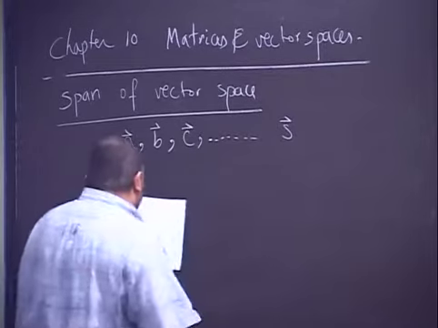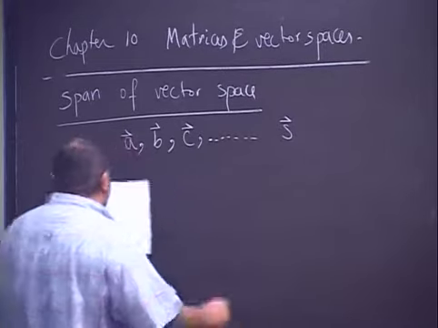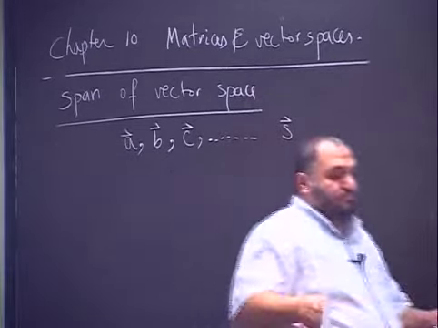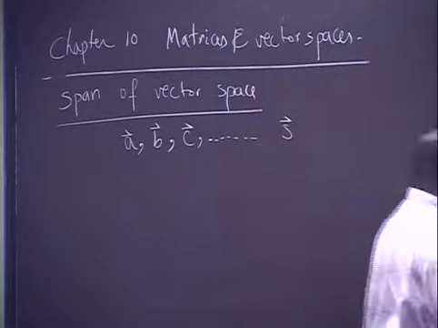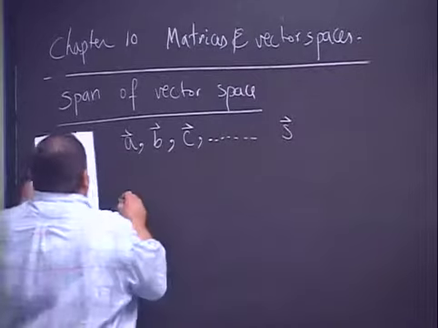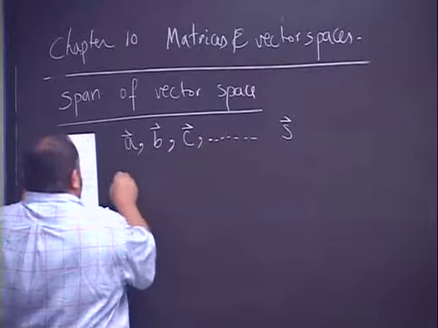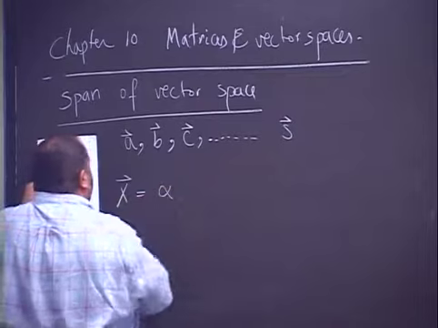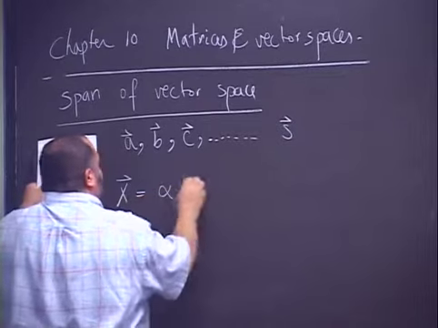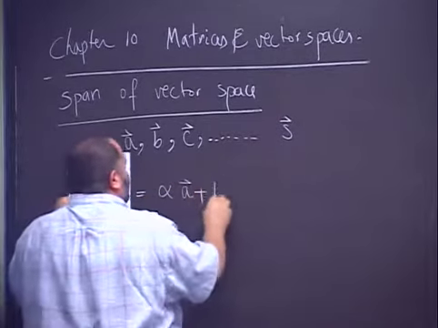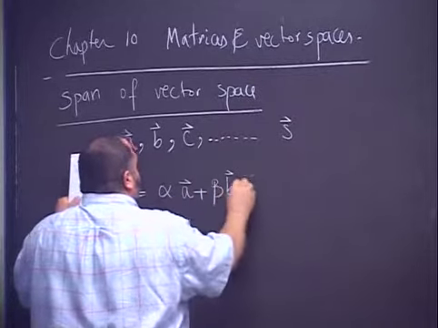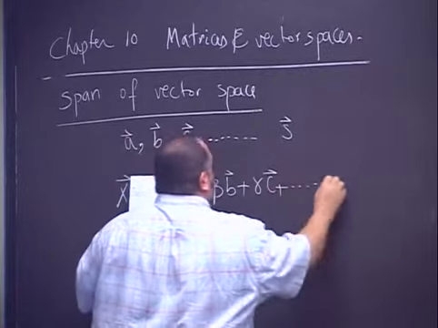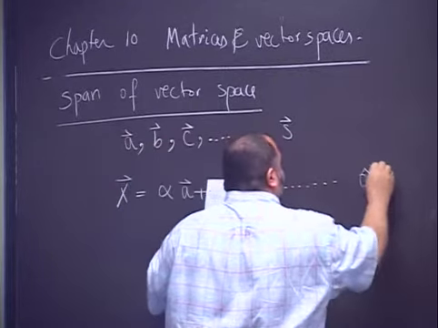The span is defined as the linear sum of the original set. So let's say that we define a vector x, which is a linear summation of those vectors. So we have alpha, which is a scalar quantity, multiplied by A plus beta multiplied by B plus gamma multiplied by C plus and so on up to sigma multiplied by S.